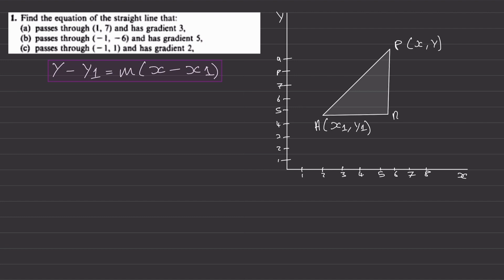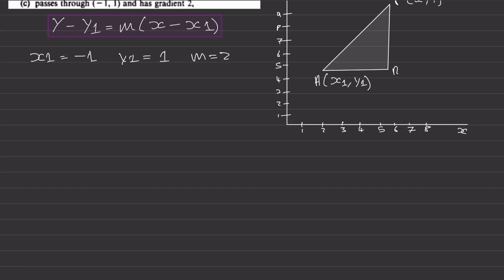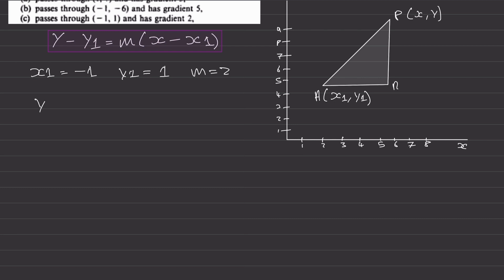So x1 is equal to -1, y1 is equal to 1, and m is equal to 2. Let's plug in the values. You get y minus 1 is equal to m, which is 2, multiplied by x minus x1, which is -1.